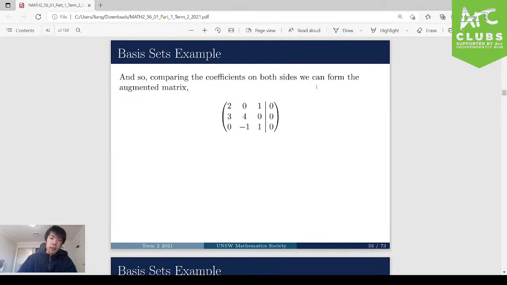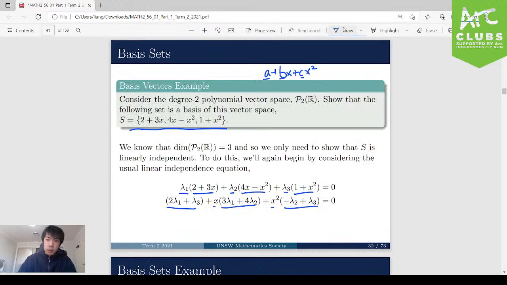So if you compare the coefficients on both sides, you would have that 2 lambda 1 plus lambda 3 equals 0, because on this side we can think of it as being this. So we compare this to this, this to this, and this to this. Then that would give us the matrix on the other slide.